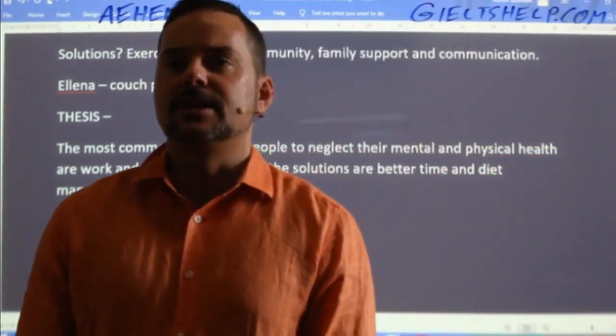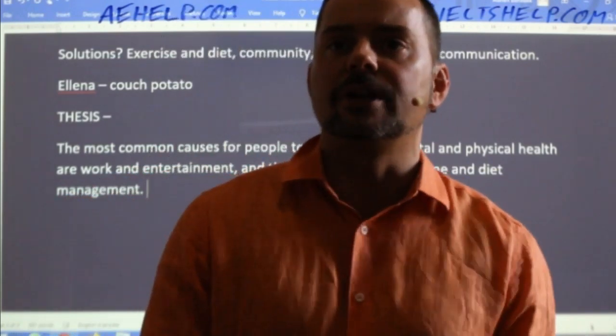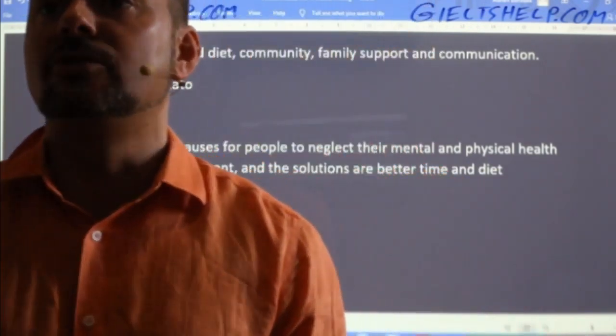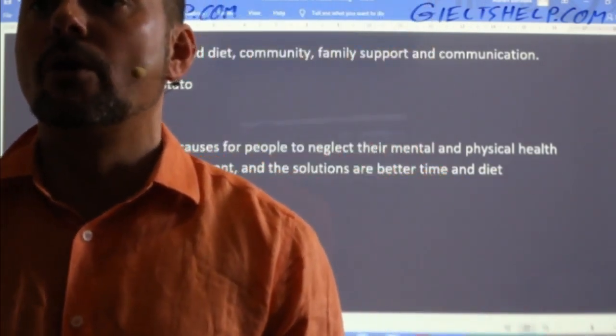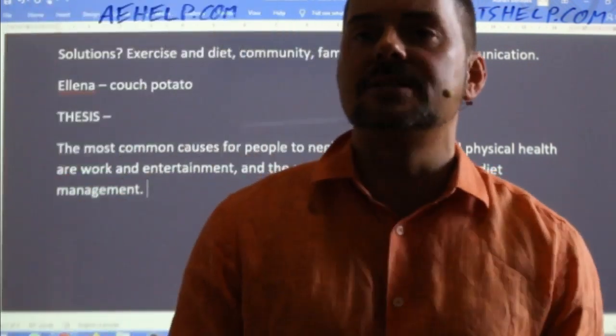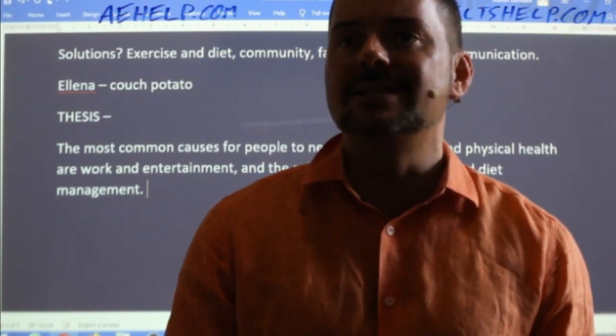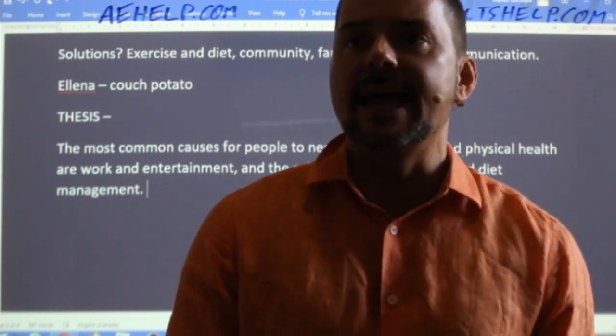Roshni says, the origins of people neglecting their mental and physical health are either being too busy in work or with entertainment. Roshni, too busy, T-O-O, not T-O, T-O-O. Too busy with work and entertainment.